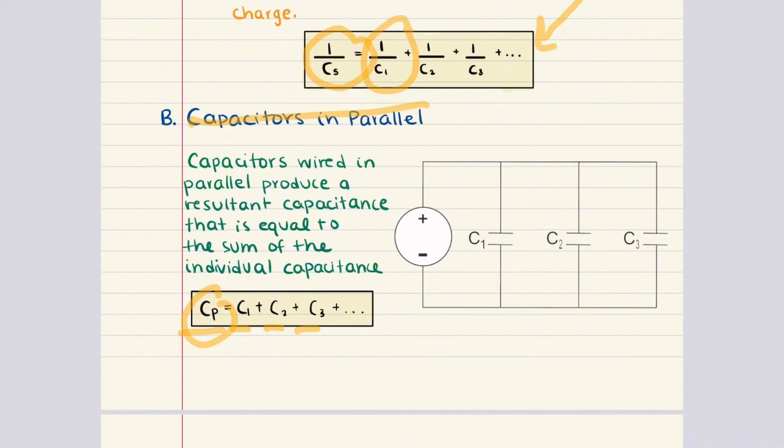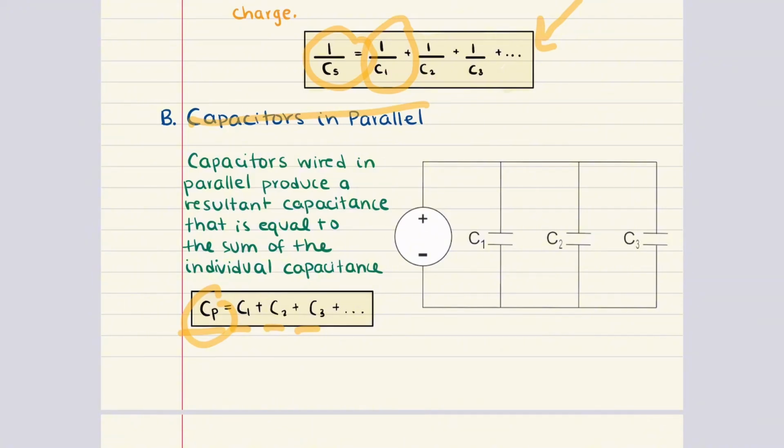This configuration is often used in applications like power supplies, where maintaining a stable voltage across components is really important, even if individual capacitors are limited in their capacity.